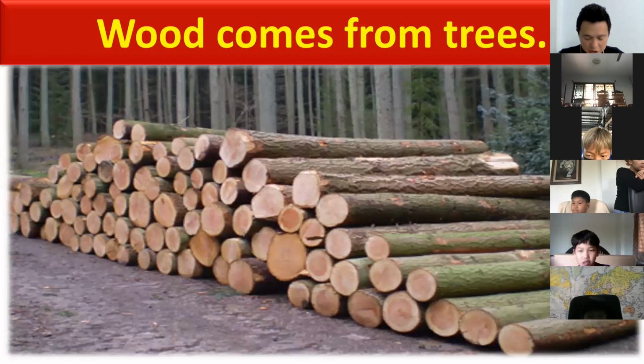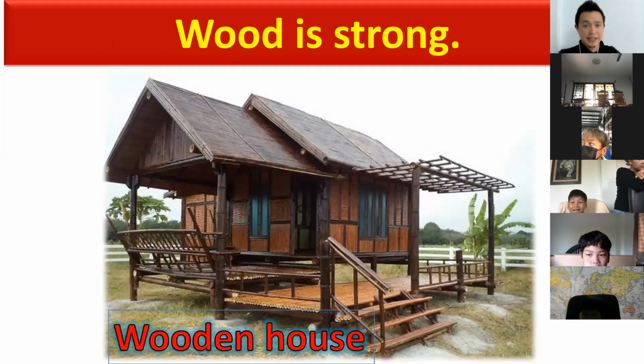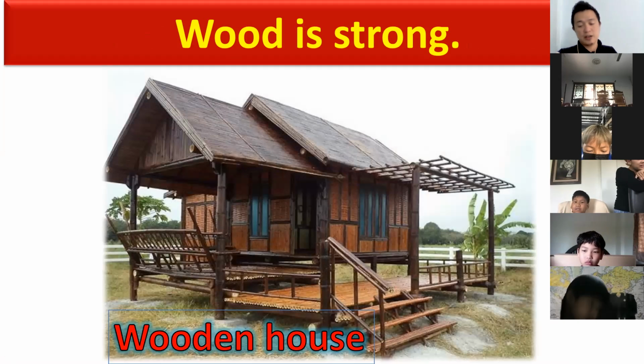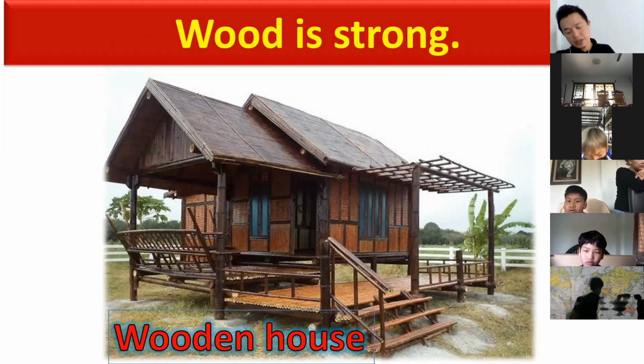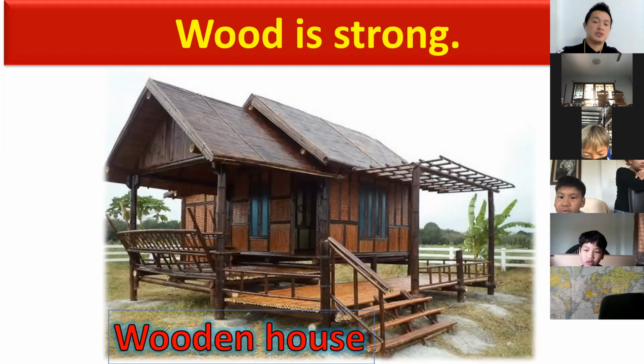Next, wood. Page 47. Okay. Wood comes from trees. Wood is strong. Some buildings and furniture are made of wood, for example, this wooden house.